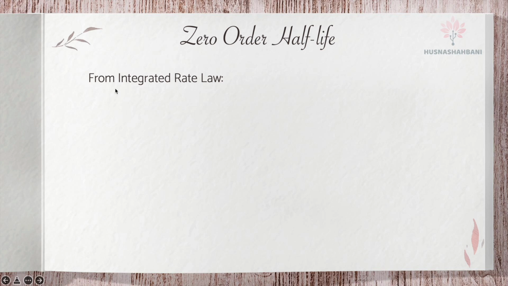Zero order half-life. From the integrated rate law, we know that the concentration of reactant A at a particular time minus the initial concentration of reactant A is equal to negative kt. The half-life is equal to t when the concentration of reactant A at a particular time equals the initial concentration over 2, because we know that at the half-life, the concentration becomes half of the initial concentration.